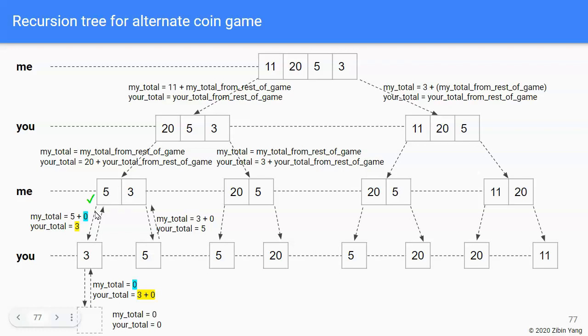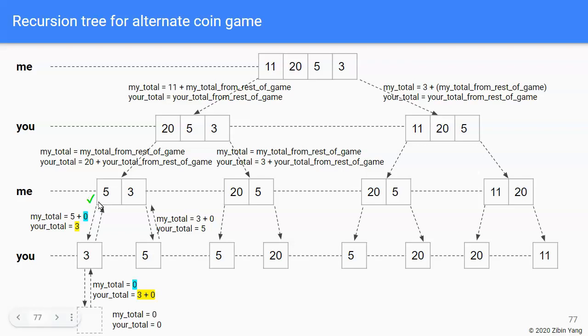And now we can pick between these two choices. And who's making the decision? Well, I'm making the decision, and obviously I will maximize my total, which is this one, right? I'm going to pick 5. And even though we go over all these little details, this actually matches our expectation, because if we have just 2 coins left, we are obviously going to just pick the bigger one.